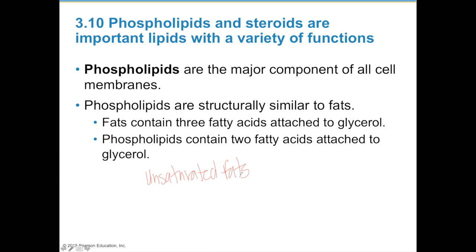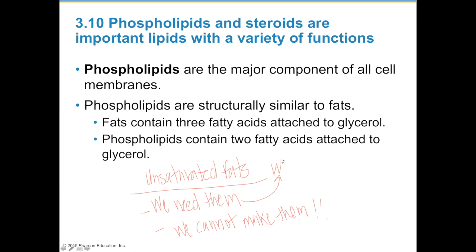Unsaturated fats: we need them, we cannot make them. All right, why do we need them?